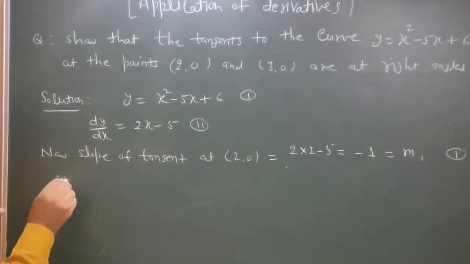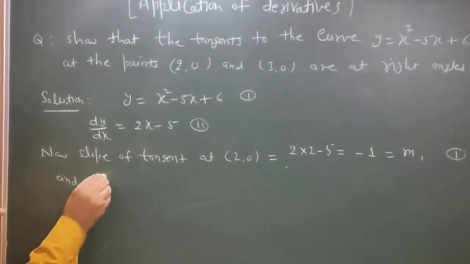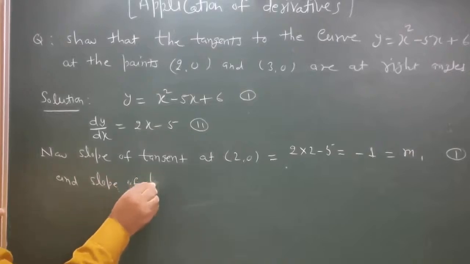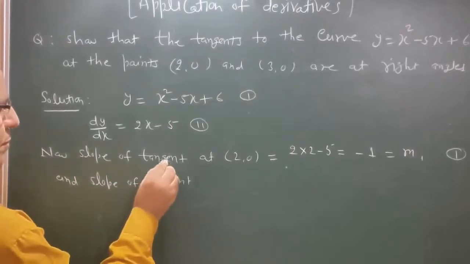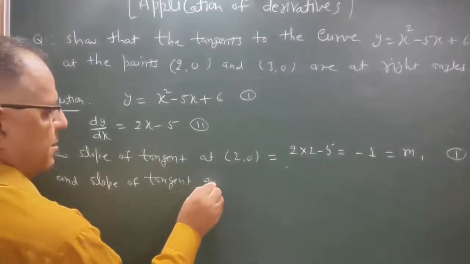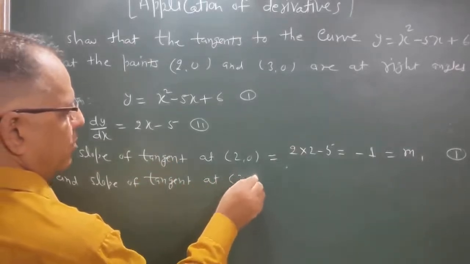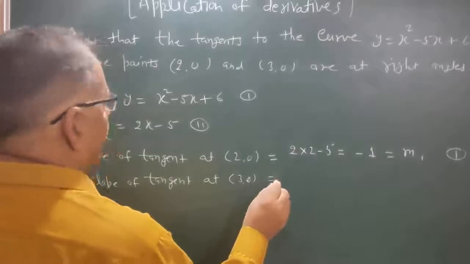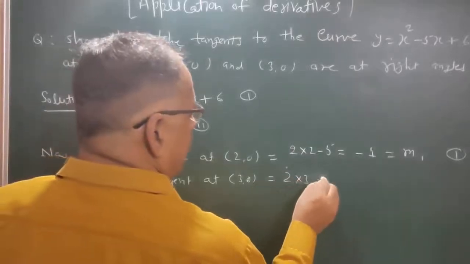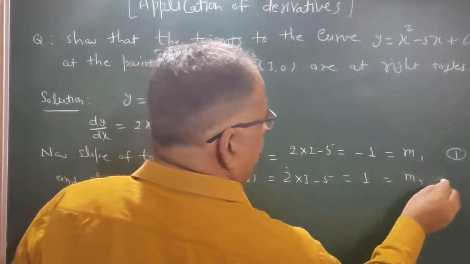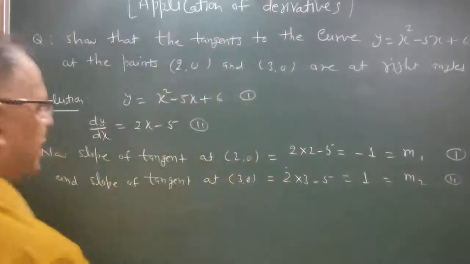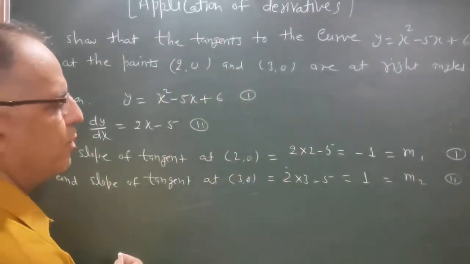And the slope of tangent at 3, 0 is given by 2 into 3 minus 5, that means 1, renamed as m2. These are the slopes of the tangents at the second point 3, 0.